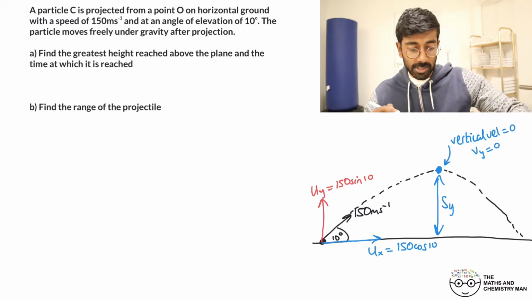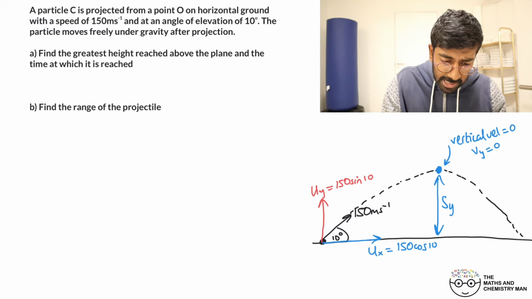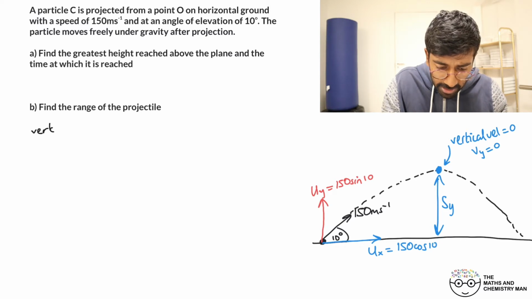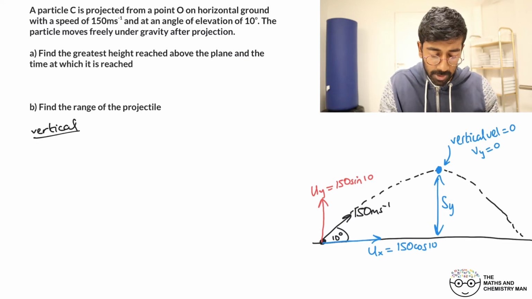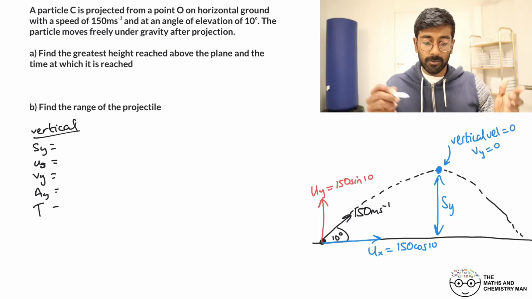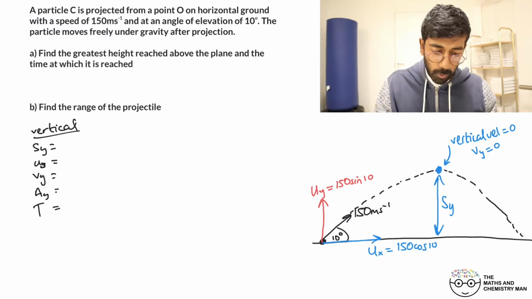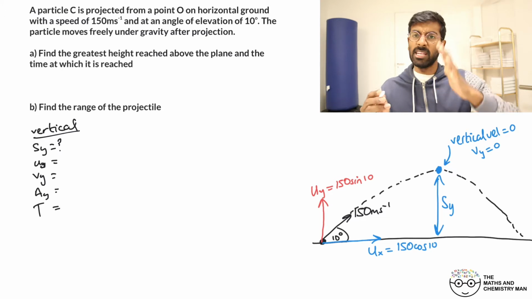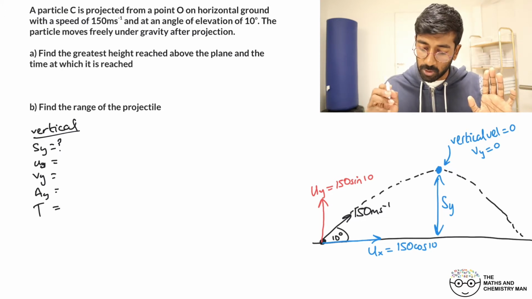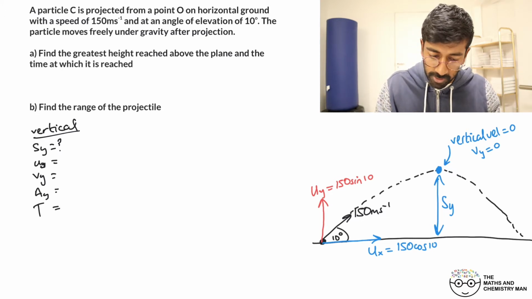And now let's set this all up into something nicely laid out. We're looking at everything in the vertical direction here. So I'm going to put here s_y, u_y, v_y, a_y, and then t. Okay, cool. So we're looking for s_y, right? We're looking for how high it's actually got to. We've got u_y, which is the initial velocity in the vertical direction, so that's 150 sin 10.